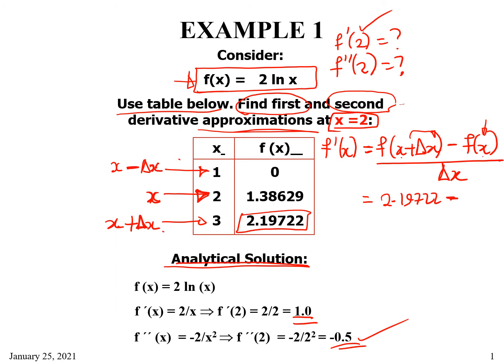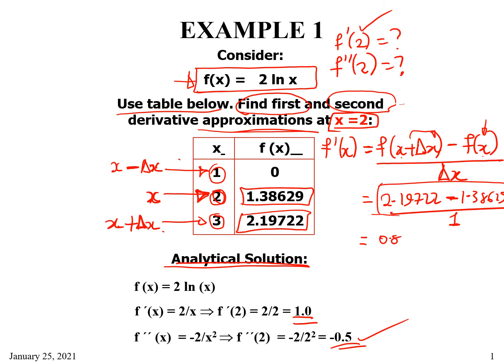Minus what is f at x? This guy, 1.38629. And then you divide that by what? By delta x. What's delta x? This minus this, which is the same thing as 2 minus 1, which is 1. So I'm not going to find this difference for you. You can do that in your calculator, and I'll later show the result. I believe it's 0.81. Or you can calculate that.